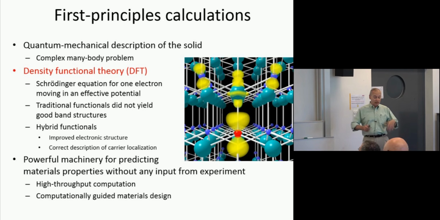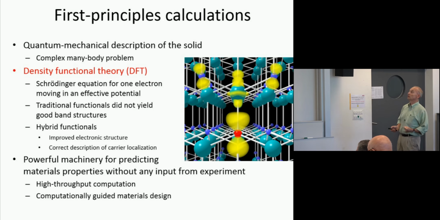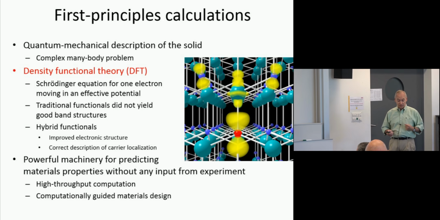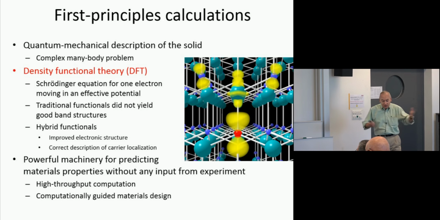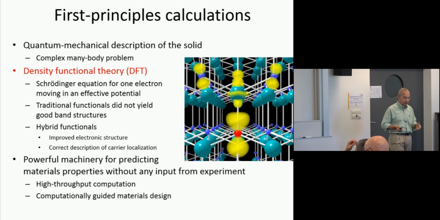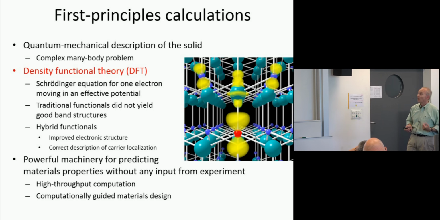Walter Kohn, who sadly passed away last year, showed us that with density functional theory, you can actually have a rigorous description of the quantum mechanics of the electron problem in a solid, not by solving for all of the wave functions of the electrons individually, but actually by using the charge density of the electrons as the fundamental quantity.